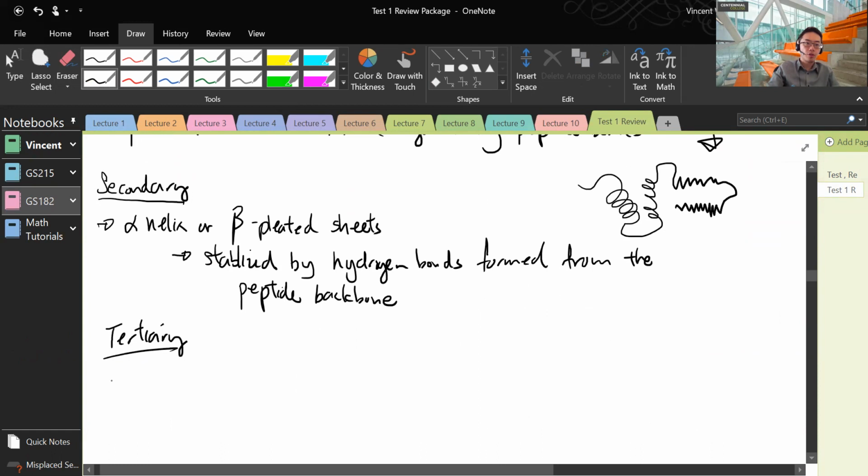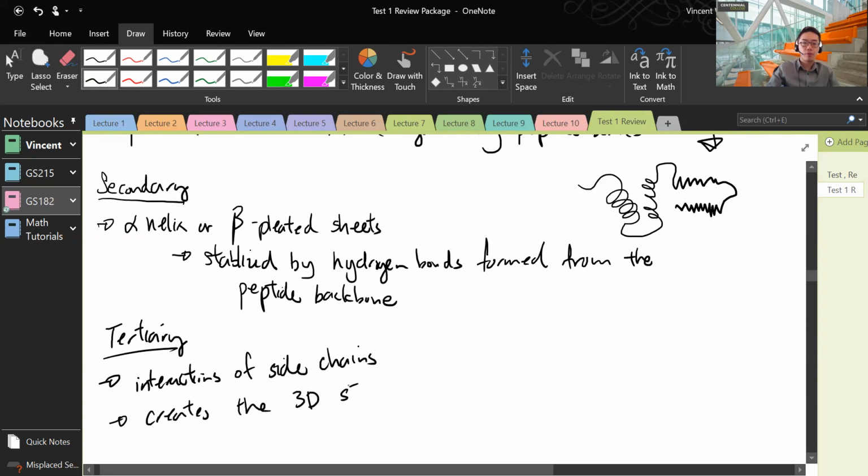A tertiary structure, right? These are interactions of side chains. Okay, and it creates the 3D structure, 3D shape, 3D conformation of the protein.